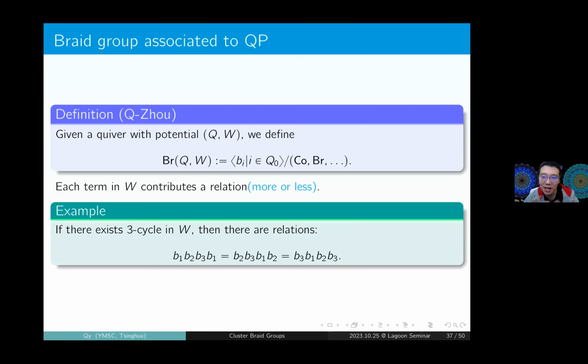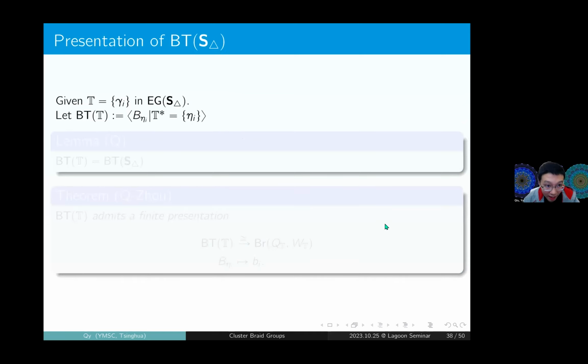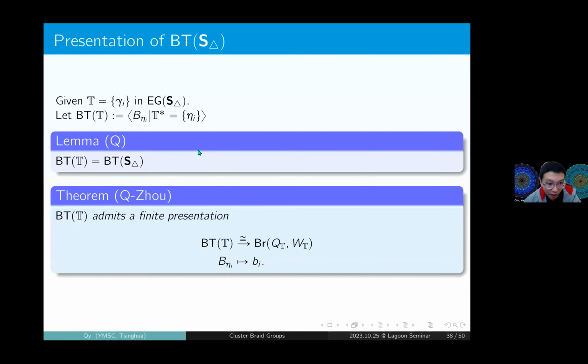When you have a more complicated quiver potential, you have more terms, and those are all the relations you want to add. Once you add those, the braid group associated to a quiver with potential gives you a presentation of the braid twist group I just defined.